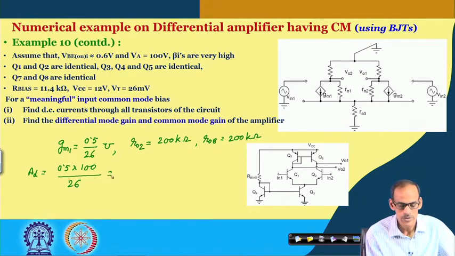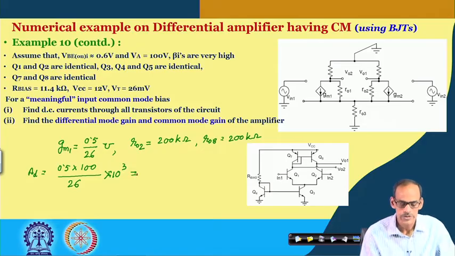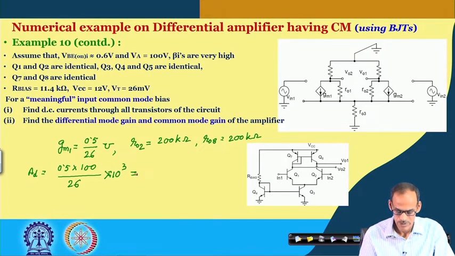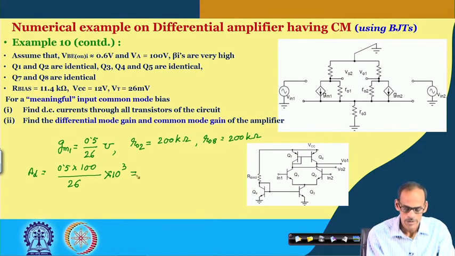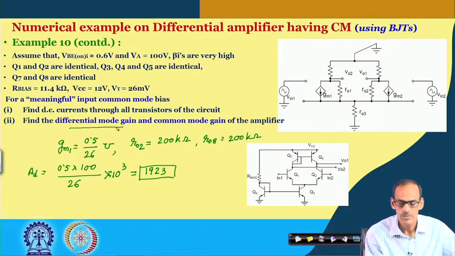So, that is equal to, I should say, 50 divided by 26 multiplied by 1000. So, that is 1923 to be more precise. So, that is the differential mode gain.